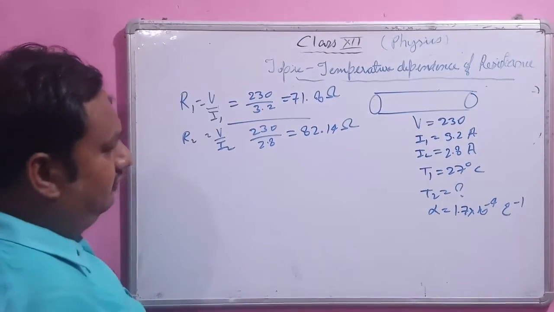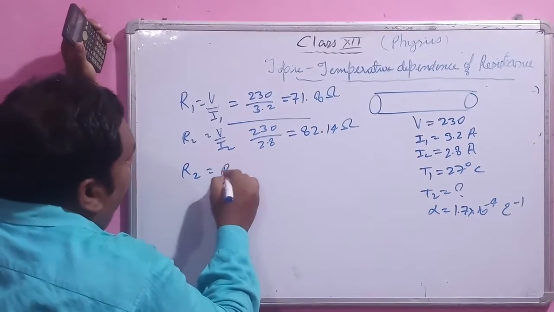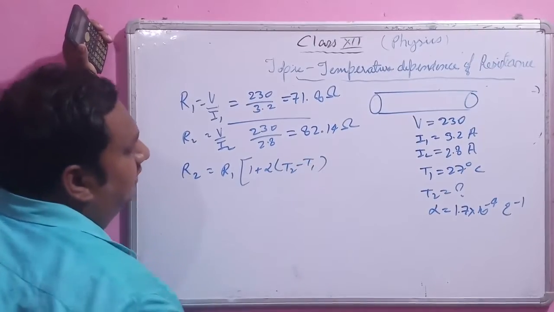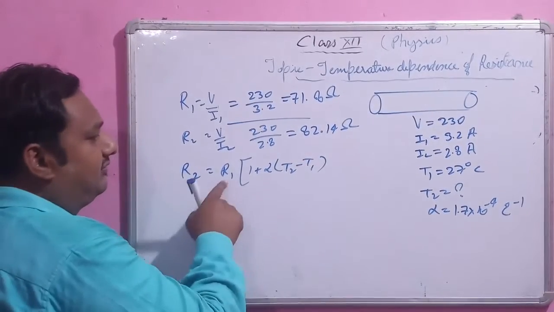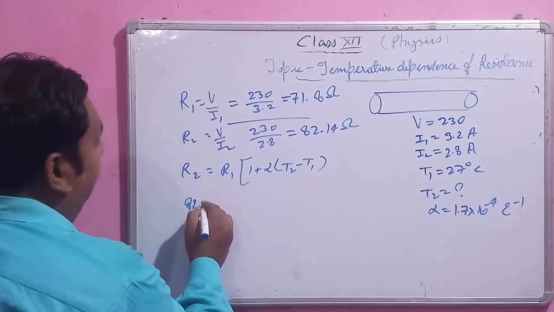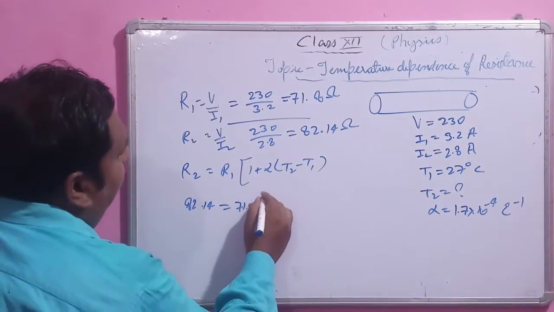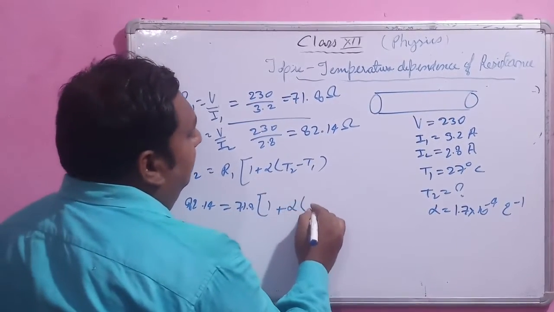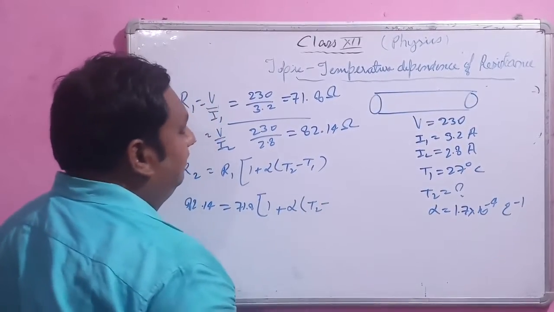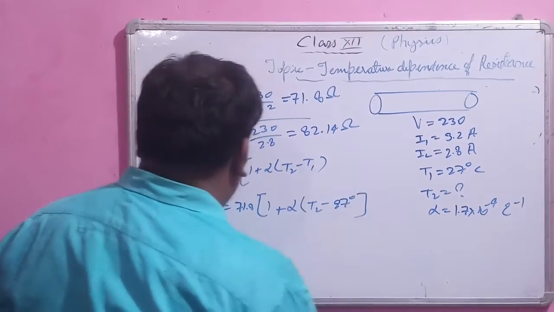Now we have to apply the equation R2 equal to R1 times 1 plus alpha (T2 minus T1), and they have asked T2. R2 we have, R1 we have, so we put the values: 82.14 equal to 71.8 times 1 plus alpha (T2 minus T1). Alpha we will substitute later. T1 is 27 degrees Celsius.